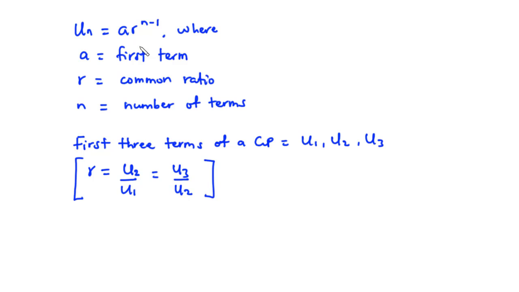Now back to the general term or the nth term of a GP, we have un equals a times r exponent n minus 1. This is the general term or the nth term.